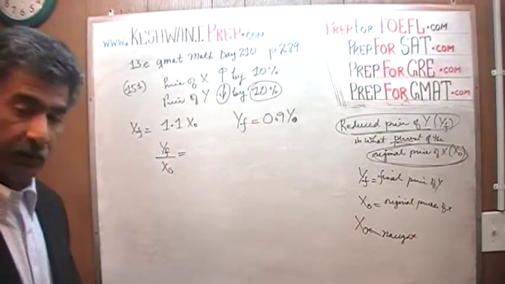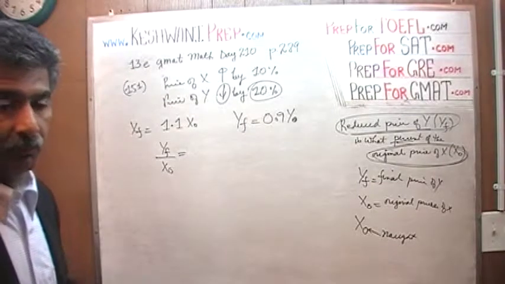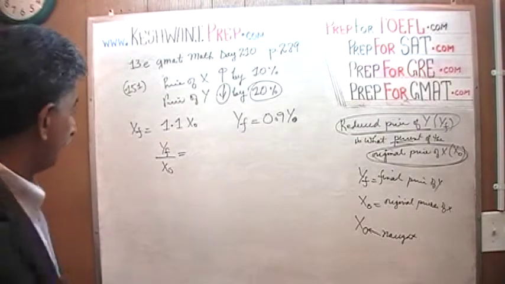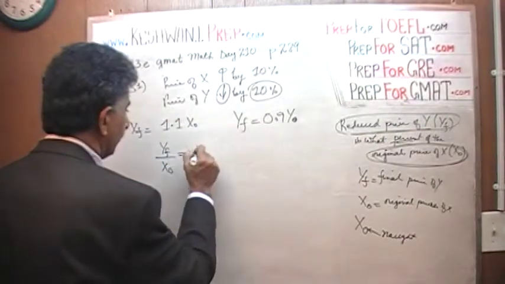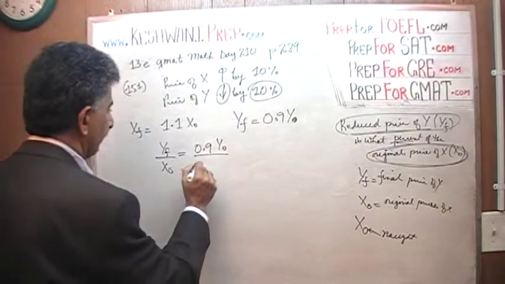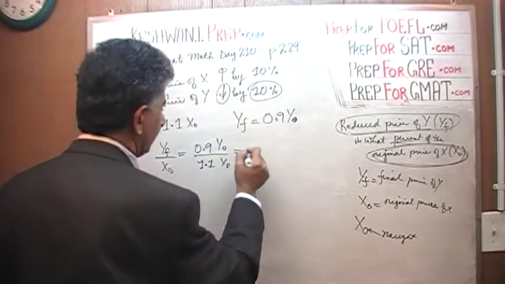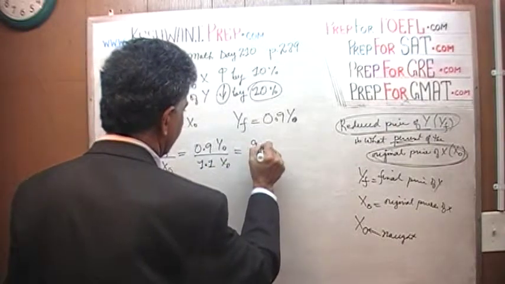Before we actually do the work, let's first find it in the simplest form so that we know exactly what we are looking for. Y F we know is 0.9 times Y naught, and X naught is 1.1 over X naught, which is simply 0.9 over 1.